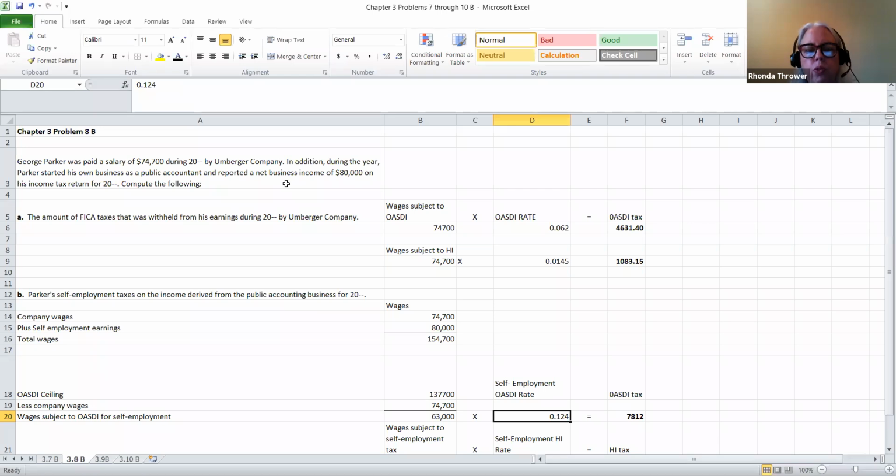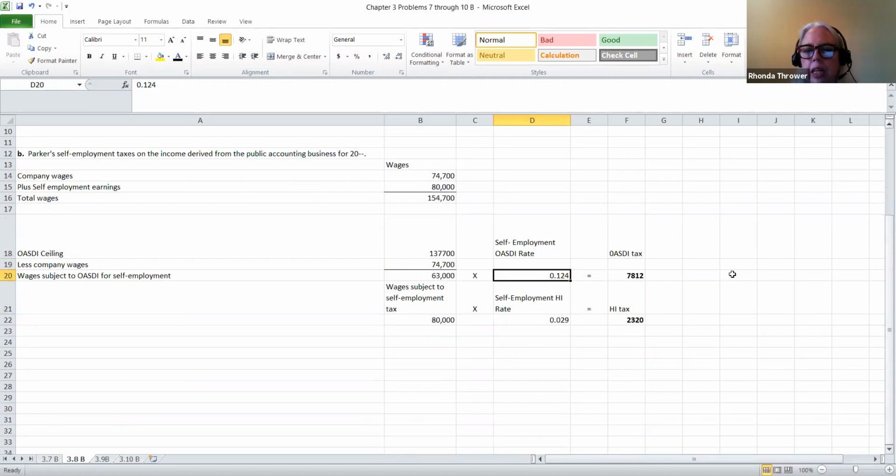So in other words, the net business income of 80,000 is subject to the HI taxes. All of those are subject to the self-employment earnings of 80,000, and then we multiply it by twice the HI tax rate, which was 1.45% times 2.